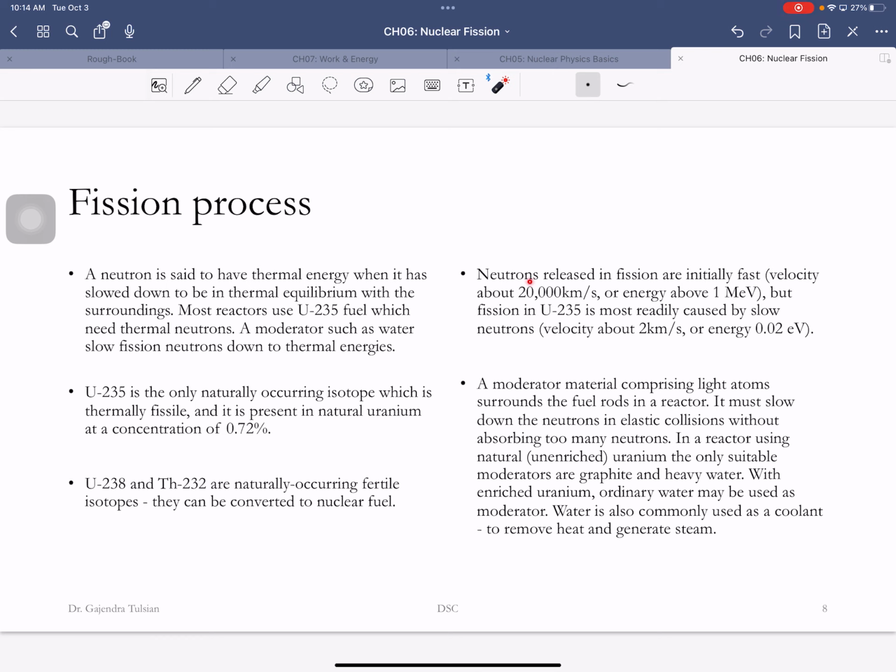Neutrons released in fission are initially fast. They move about 20,000 kilometers per second. But fission in U-235 is most readily caused by slow neutrons that are moving at about 2 kilometers a second. So what is that point saying?